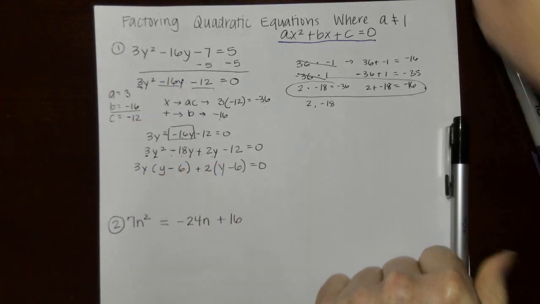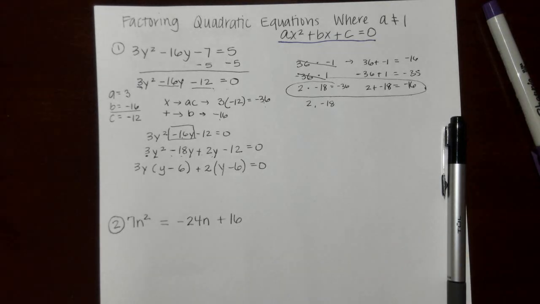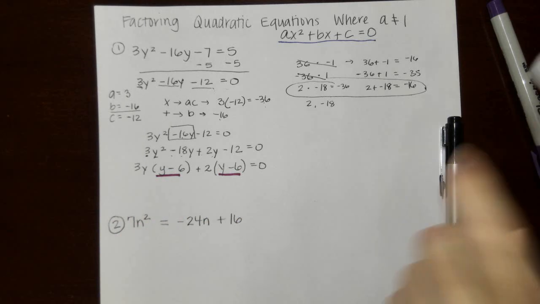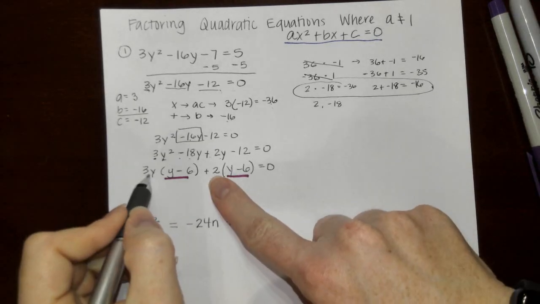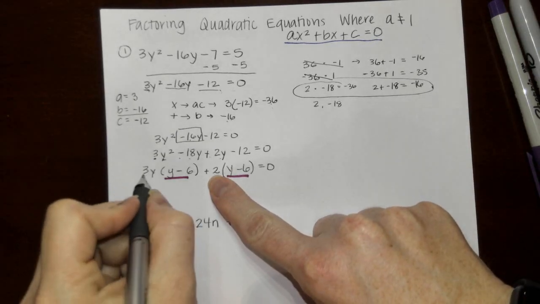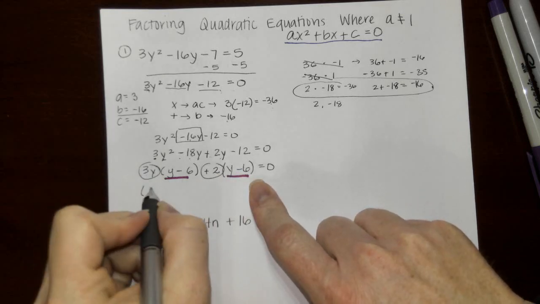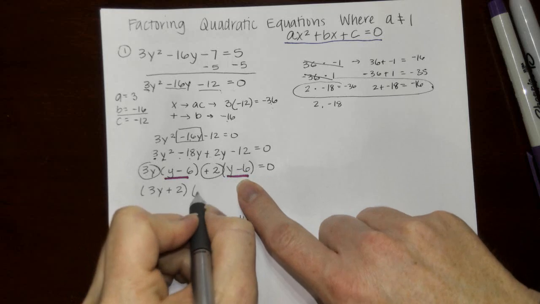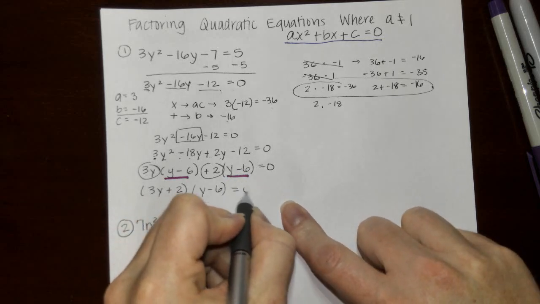So hopefully you are now seeing that we have something in common here, which is our y minus 6. So we have a 3y plus 2 and a y minus 6 equals 0.